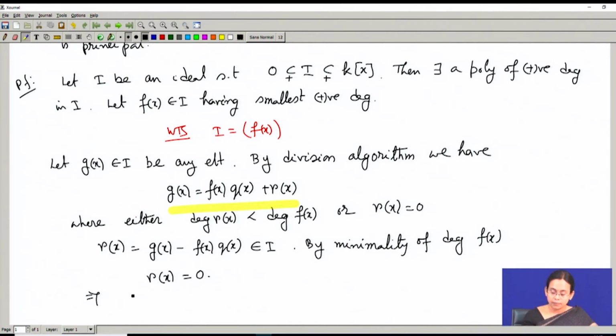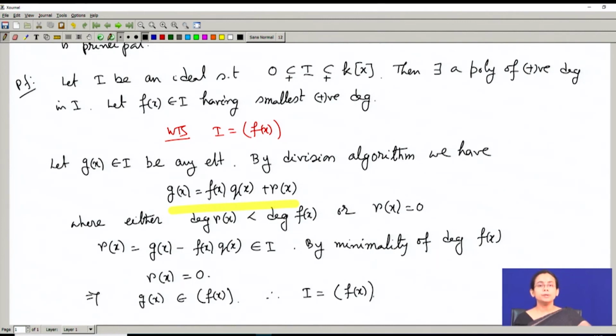So we are done. We started with any arbitrary element g(x) in I, and we have shown that g(x) is nothing but a multiple of f(x). That means it is in the principal ideal generated by f(x). Therefore, I is nothing but the ideal generated by f(x).